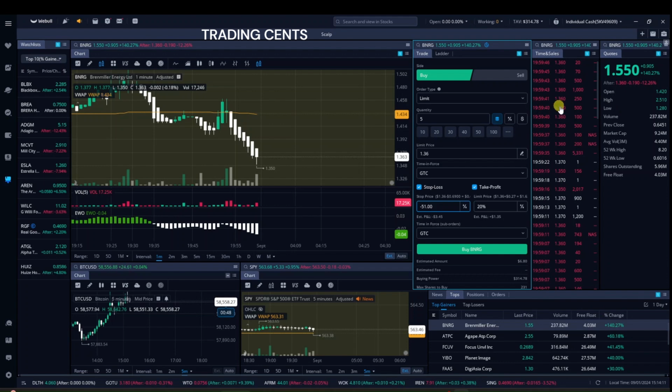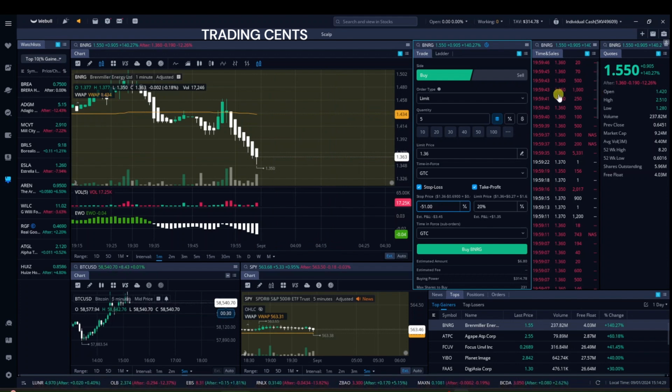I don't care what the numbers are. I never look at the actual numbers. I just look at the movement. I only use this as an indicator of how active a stock is as it is rising, and I look for what I call a feeding frenzy.